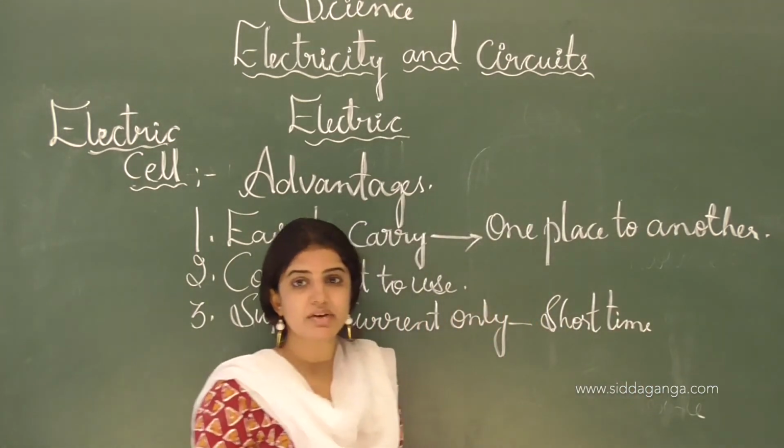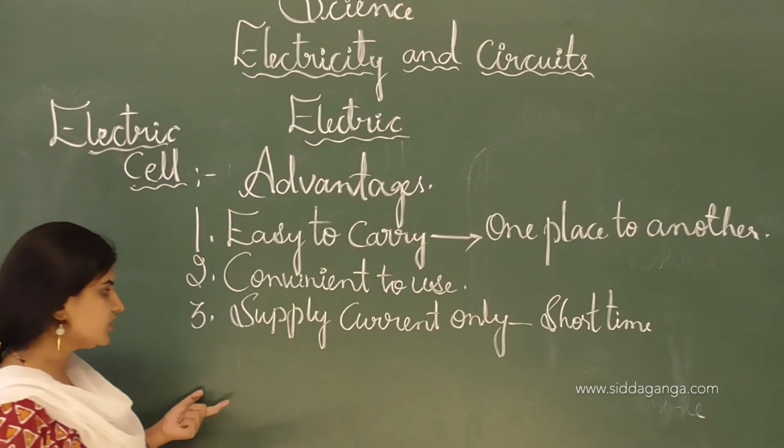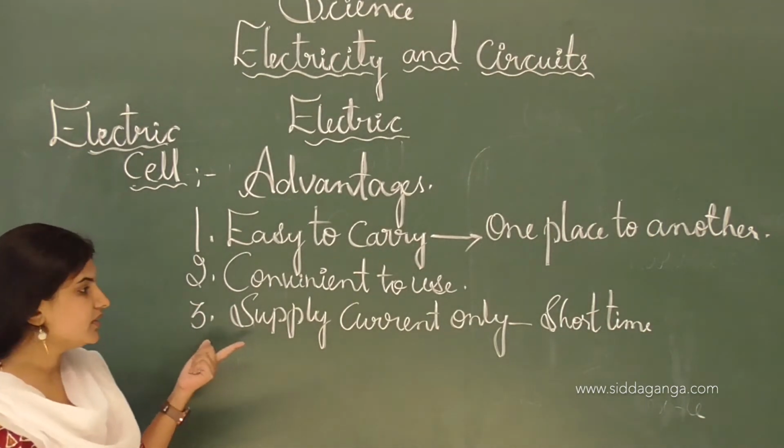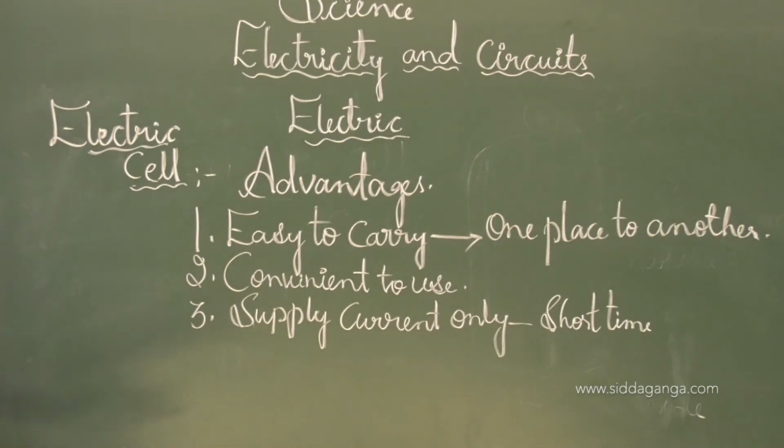Only till the chemicals are used up, and that much only, the short supply of electricity or current will be present in a dry cell or the electric cell.